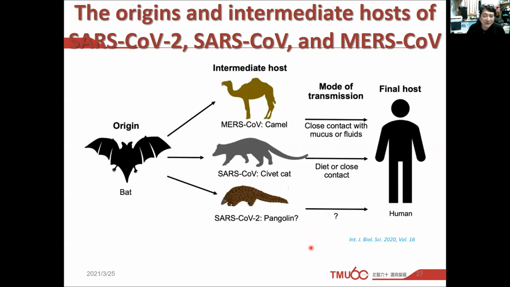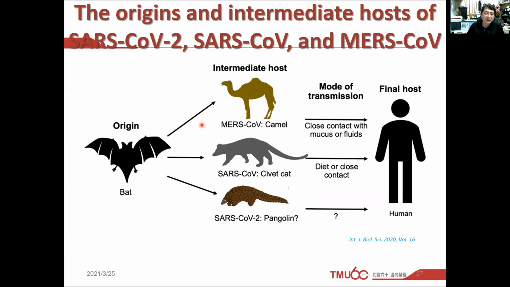So what's the major difference between these 3 coronaviruses? What's the similarity and the difference? We believe that all the 3 zoonotic coronaviruses are derived from the original host, the bat. Okay, bat is not a clean animal, and later on will transmit to another intermediate host.